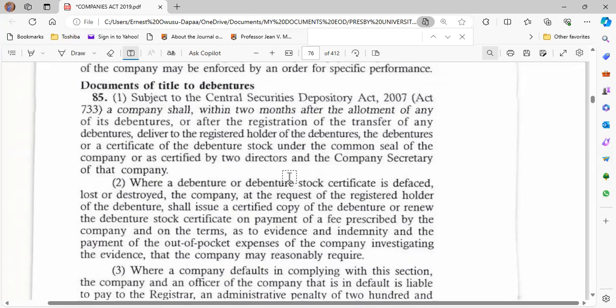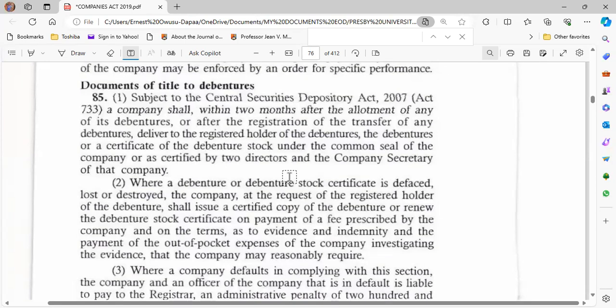And the proper evidence you can have is the debenture stock certificate, as it were. And that is why the law says that within 2 months, you must have the certificate issued to you.